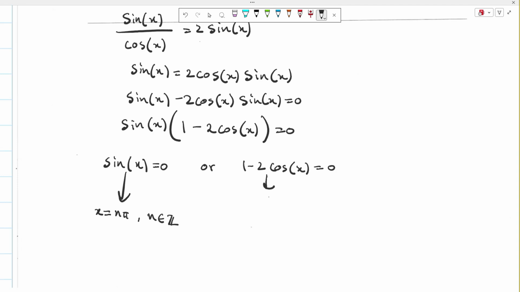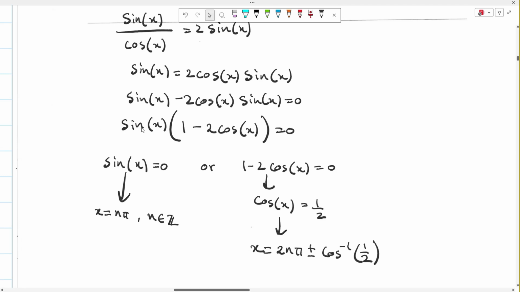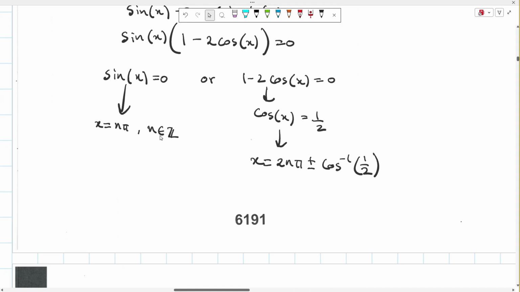And if you solve this, you'll get cos of x has to equal a half. The general solution is going to be 2n pi plus or minus cos inverse of a half. Now, cos inverse of a half, you're just thinking what angle makes cos become a half. That's going to be pi on 3. And n is an integer.